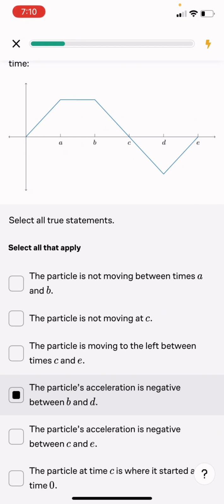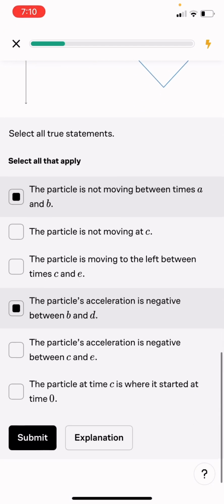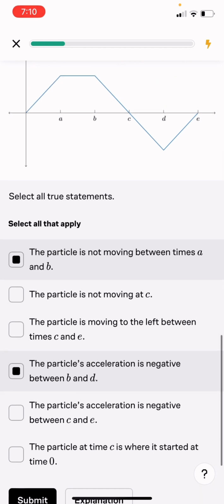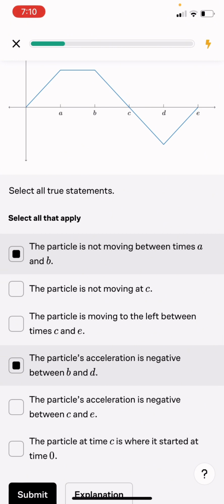The particle's acceleration is negative between C and E. I don't know. At least I got one. The particle is not moving at C. I guess it'd be technically, since it hit 0, the particle is moving to the left. Let me see why that. But for the second one, the particle is moving to the left between C and E.